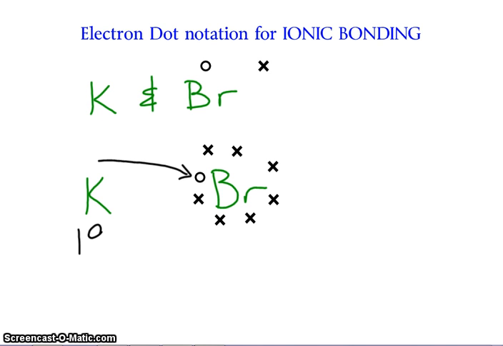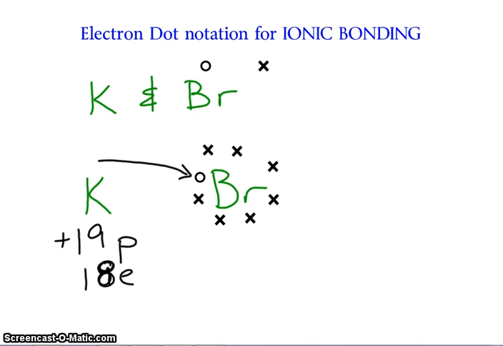We have 19 protons, because potassium has an atomic number of 19. It had 19 electrons, but it just gave one up to bromine, so now it has 18 electrons. Each proton has a positive 1 charge. 19 protons yields a total positive charge of 19.